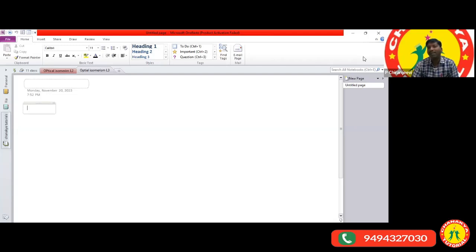If you add them, you get the total number of stereoisomers. One more formula: if it has an odd number of chiral centers, the formula we used is 2 power n minus 1 plus 2 power n minus 1 by 2.